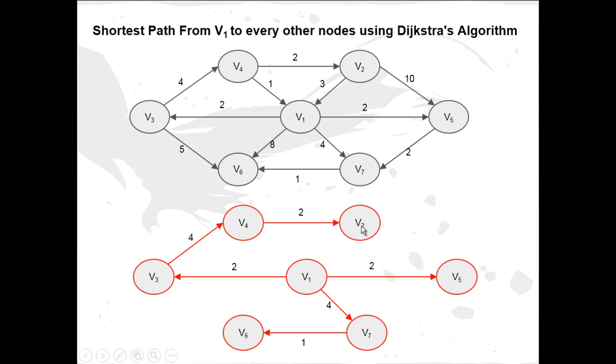So if we're going to V2, the smallest cost in this graph is going to be 2 plus 4 plus 2, which is 8 units of work. As you see, we can go from V1 to V6 with a cost of 5 versus going with a cost of 8. So we have found all of the shortest paths from V1 to any other node in the graph.